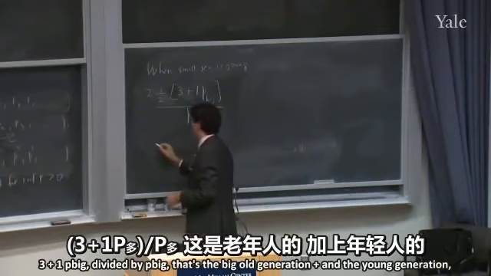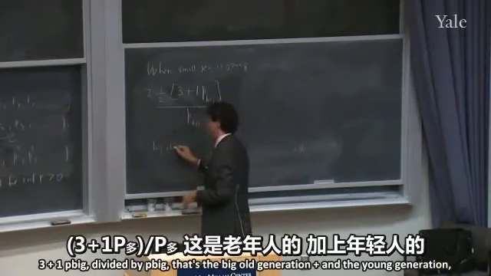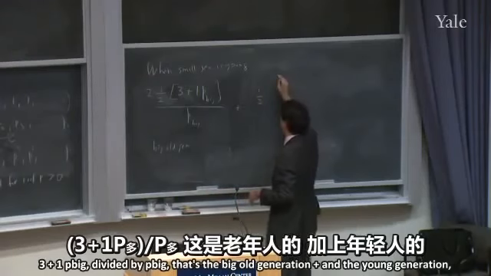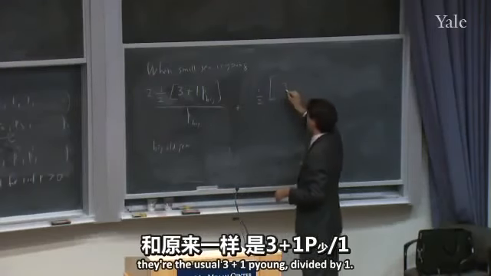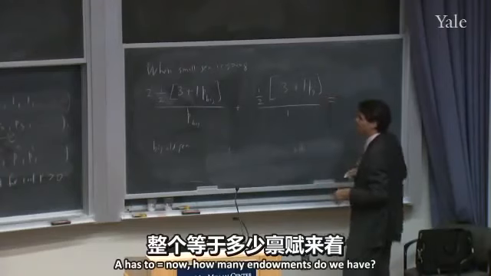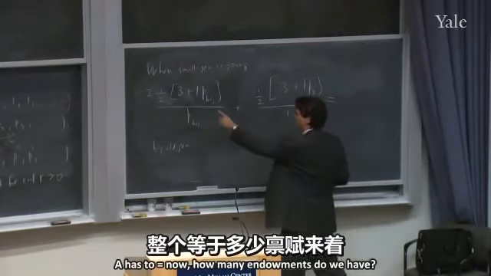That's the big old generation, plus the young generation, there's just the usual 3 plus 1 P young divided by 1, which has to equal the total endowment. Now how many endowments do we have?